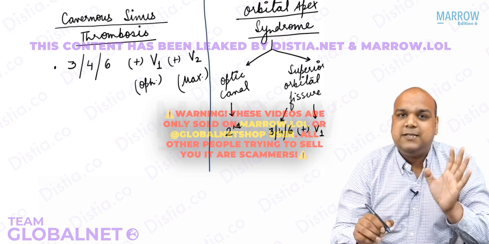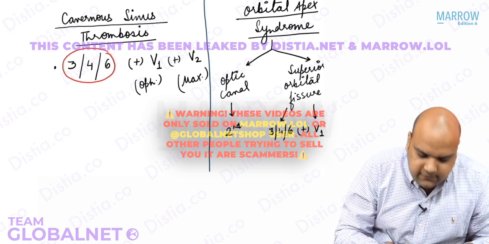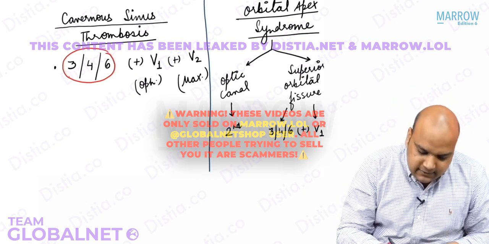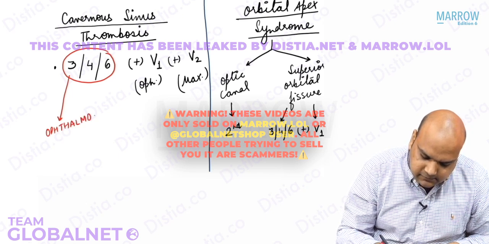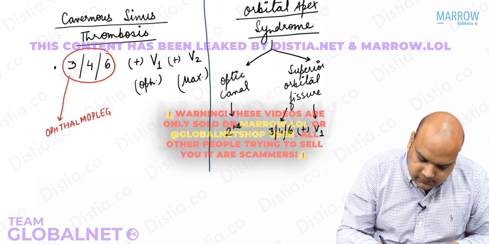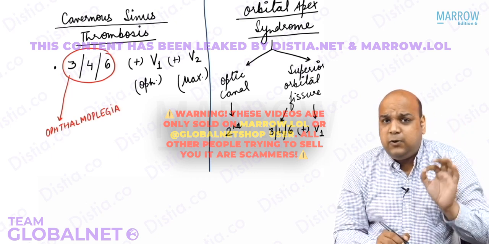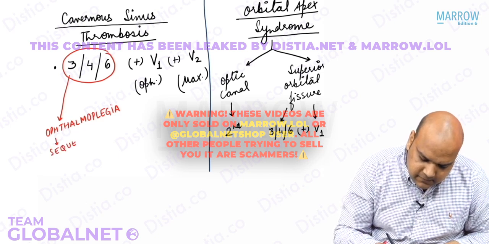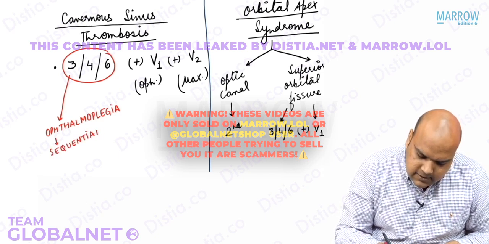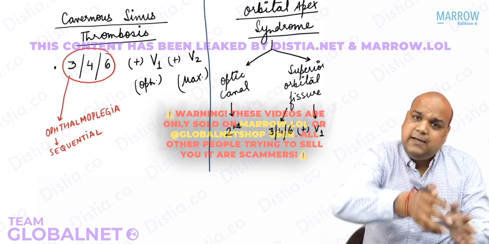Cavernous sinus thrombosis, what will be the clinical feature? Third, fourth and sixth nerve will be affected. That means there will be ophthalmoplegia. But this ophthalmoplegia does not occur together. This is sequential. Sequential means, first of all, one nerve, one movement, then the other movements, the other nerves.